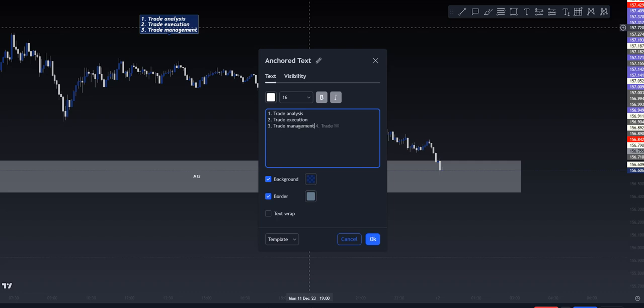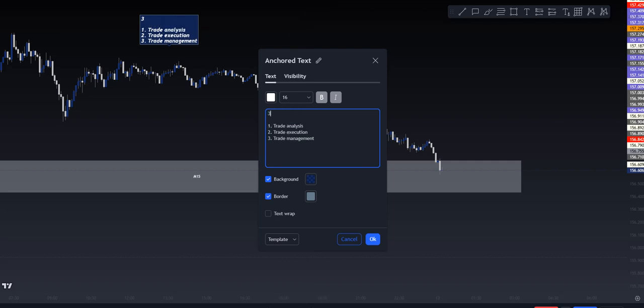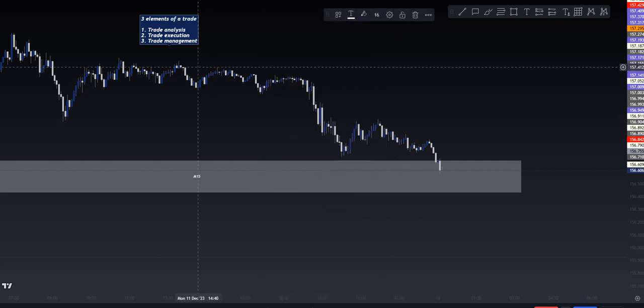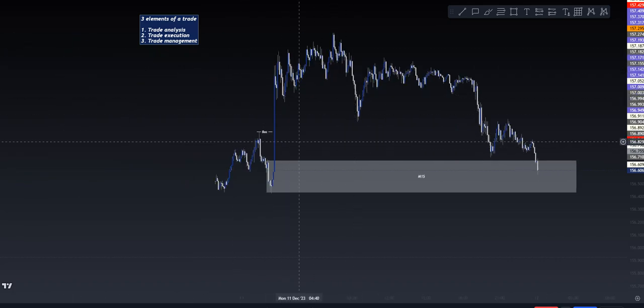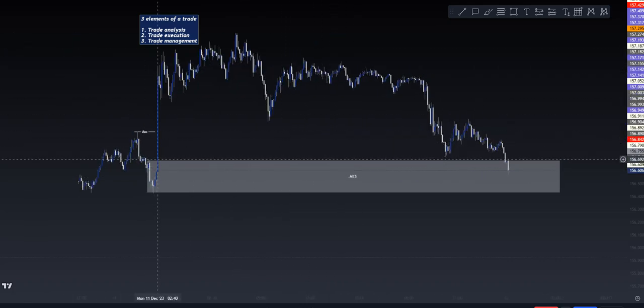Okay, now those are the 3 elements to being able to trade consistently. So you have to know these 3 elements of a trade. So we've completed the analysis. We see what happened. Here's our analysis. We have our demand zone. This demand zone is valid because of the reasons I mentioned already.